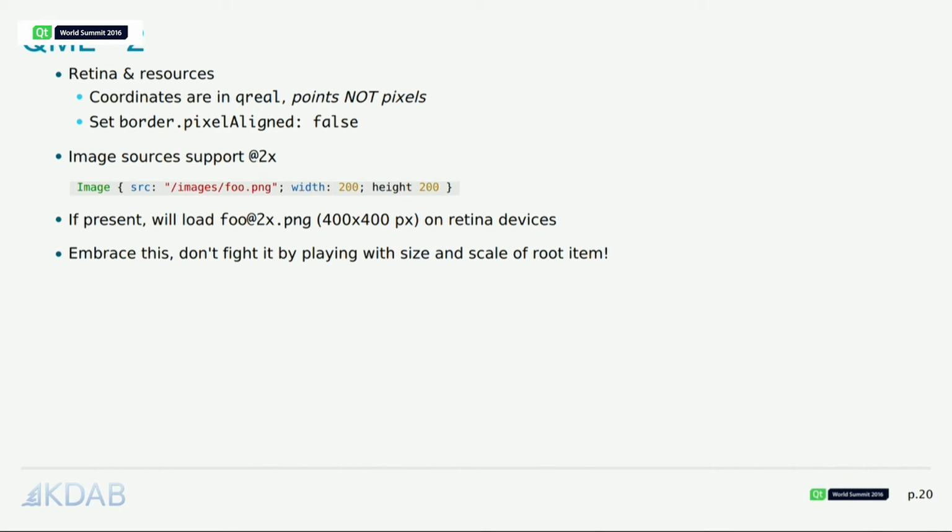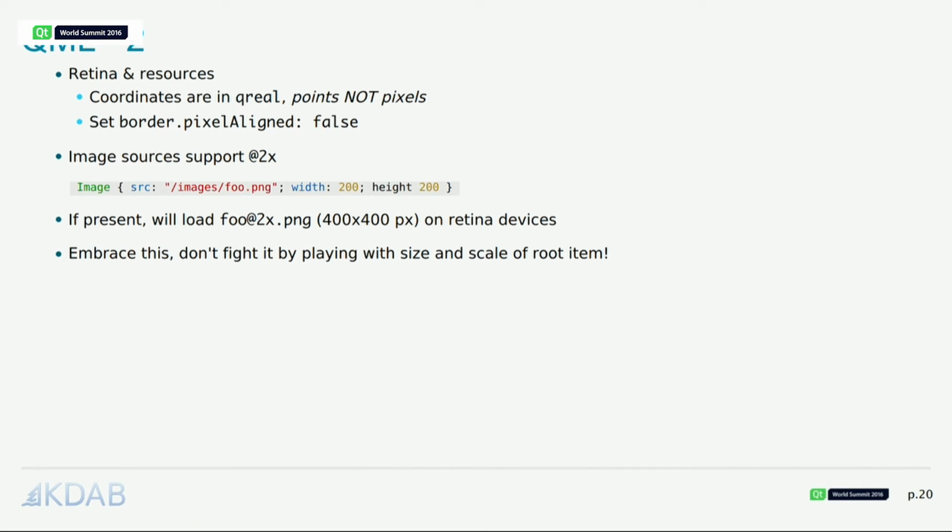The way Apple handles this, in order to support both that and the older phones, is the @2x notation. When you give the name of a file, if it's on a Retina display, it will look first for the file with @2x added to the name. So foo@2x.png should be 400 by 400 to fill a 200 by 200 point display.